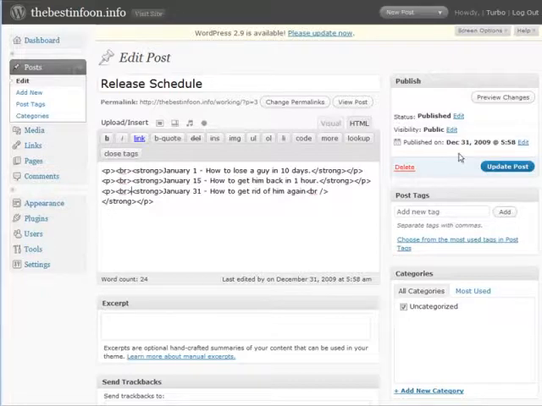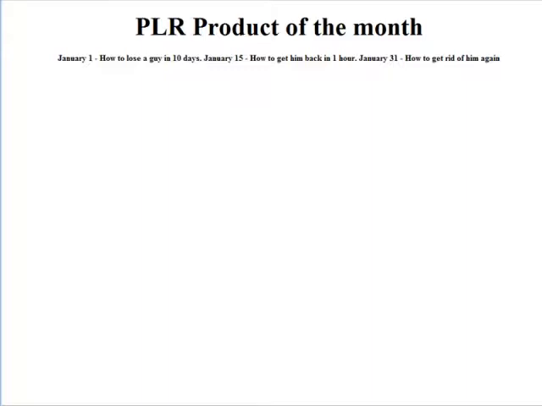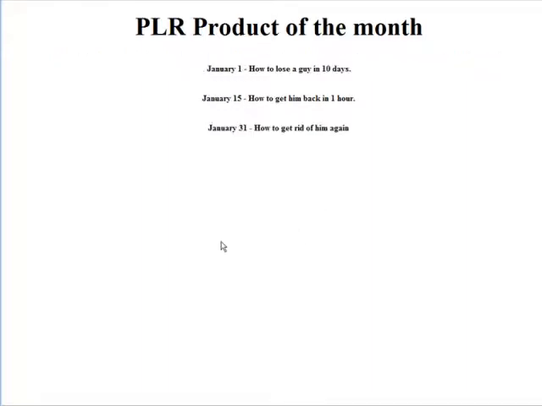Like so. Update. Let's refresh this now. And there you go. So you need to make sure you just put the line breaks in there, like I showed you, and everything will work fine. So that's how you can use a WordPress database to populate a regular web page.